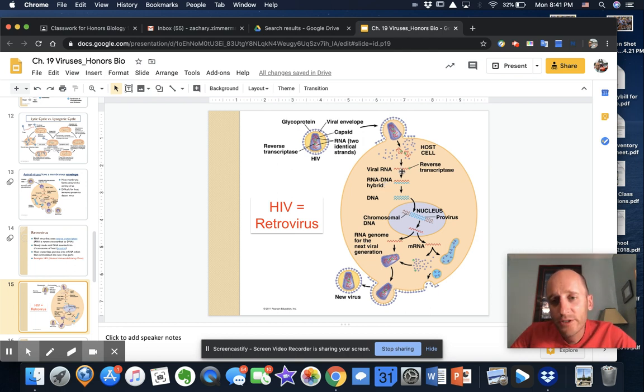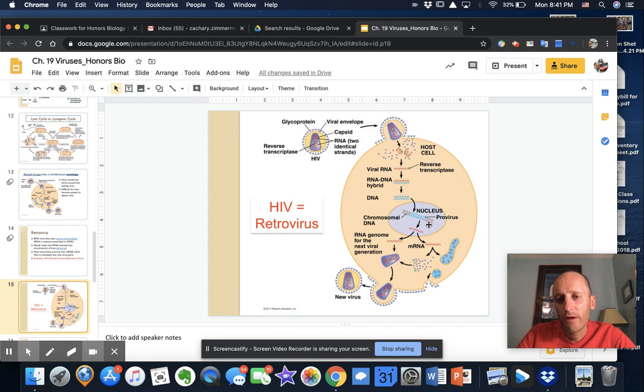But in this case, it's the reverse. The viral RNA is reverse transcribed into DNA. So there's a special enzyme called reverse transcriptase that's originally contained in this virus. Once we have viral DNA, that gets incorporated into the host cell genome, and it embeds itself.